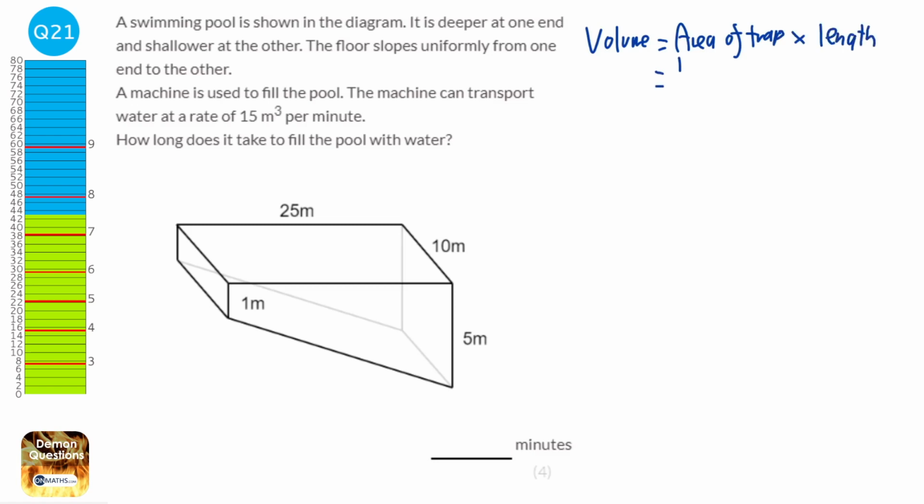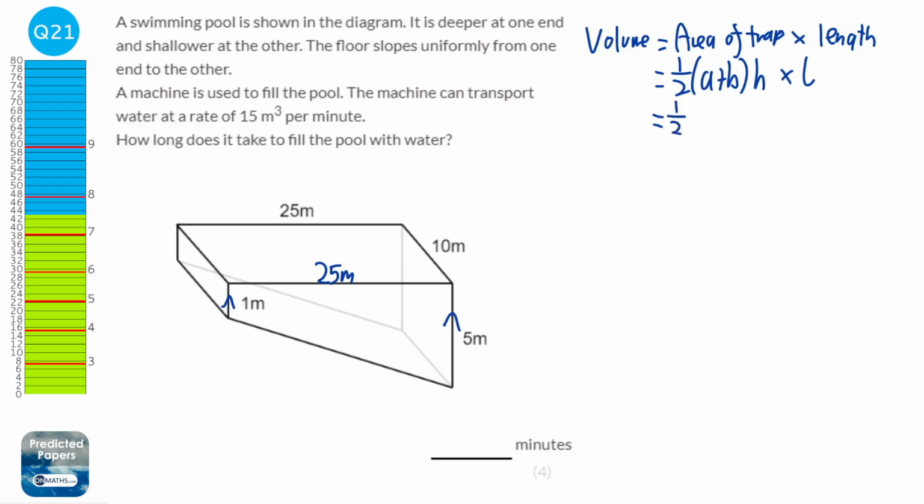So trapezium is half a plus b h, and then times the length. Now A and B are the two parallel sides, which will be this one and this one. And then the h is the perpendicular line that hits both of them at 90 degrees, which is what perpendicular means, between the bases. So this will be the 25 meters here.